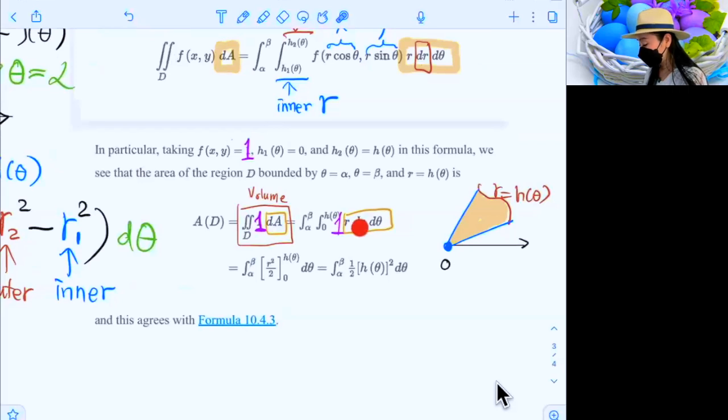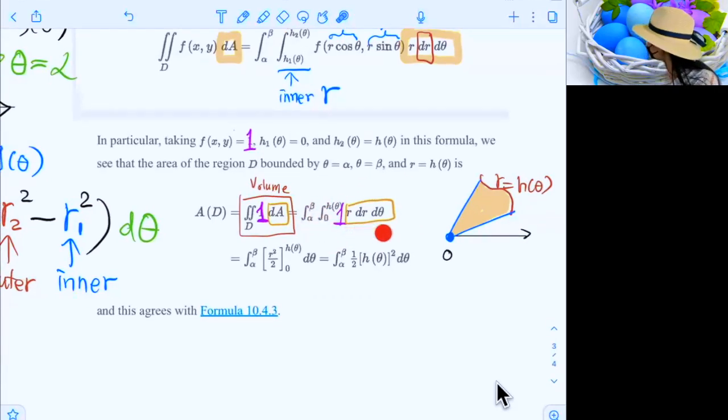And the r here changes from what? Well, the smallest r is at the origin. So r here will change from 0 all the way to this outer one, so 0 to h of theta. And what about theta? Theta changes from alpha to beta. So then we have this.